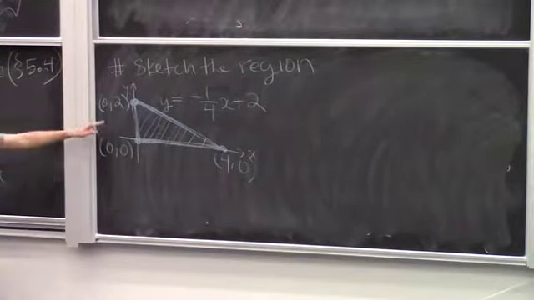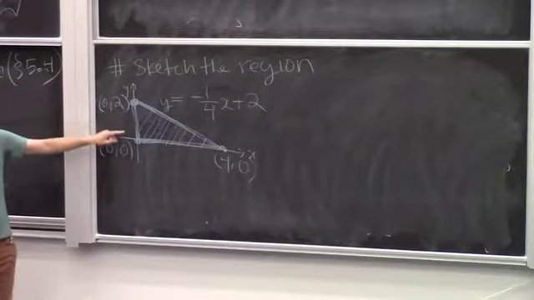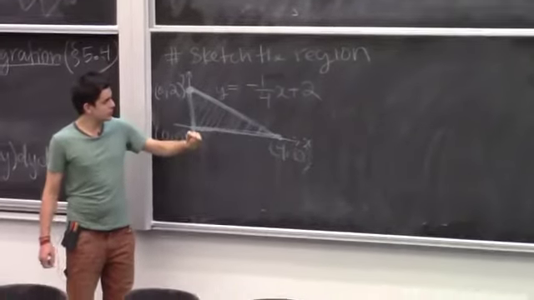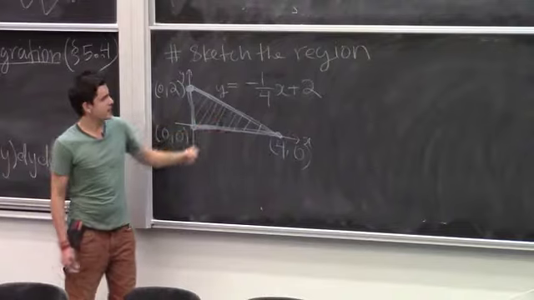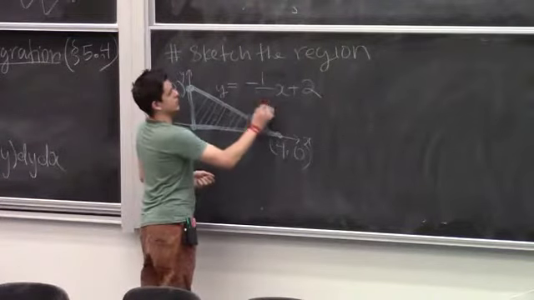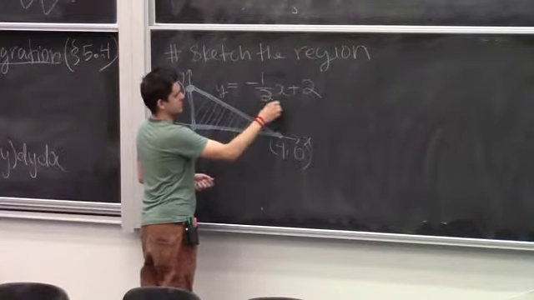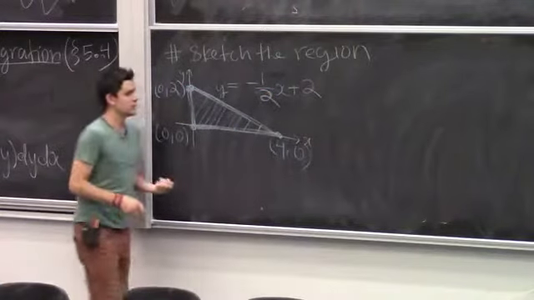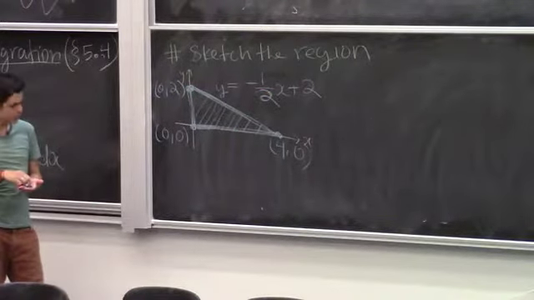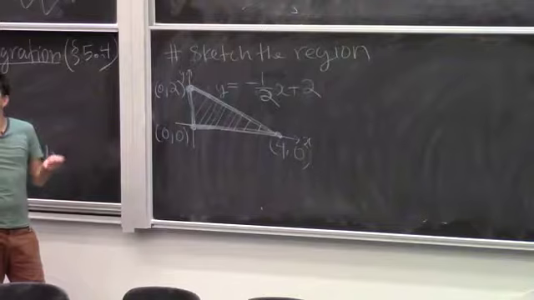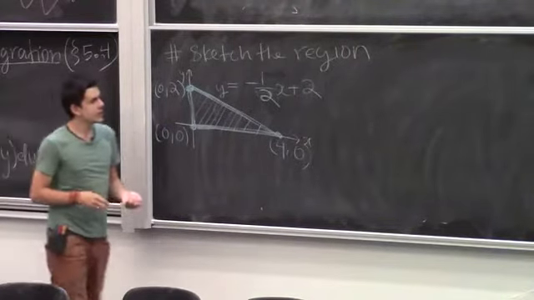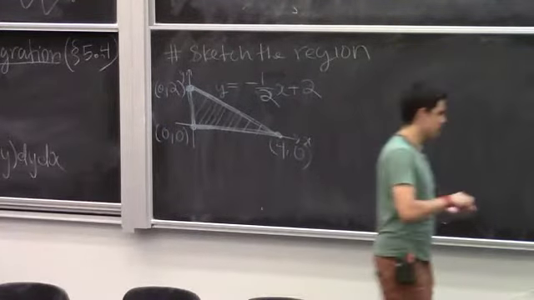Okay, so if we put in x equals 0, we get 2. If we put in x equals 4, we don't get that. Sorry, that should be slope negative a half. Okay, so now we've got a name for that line. So let's write down the integral in both ways.